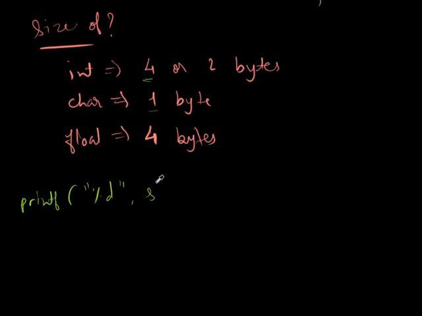Let me write that in different color. sizeof, there is no space in between. If you want the size of a character, you write char, and this way you can obtain the size of a variable.